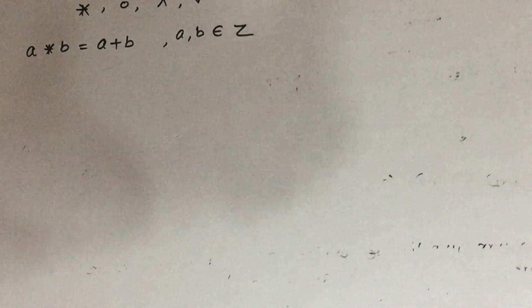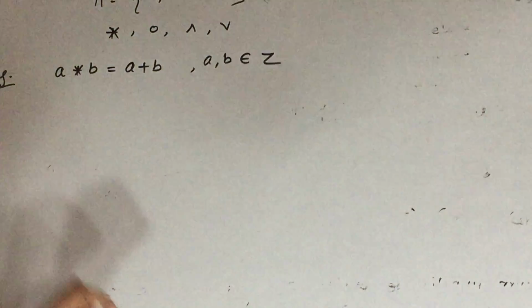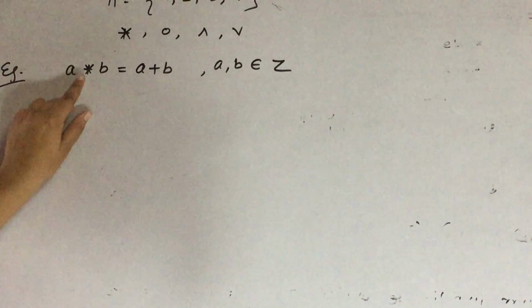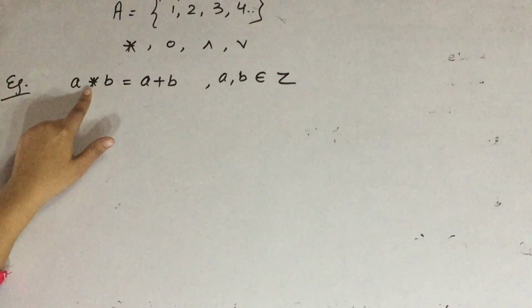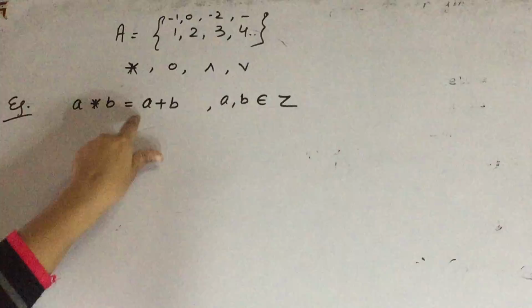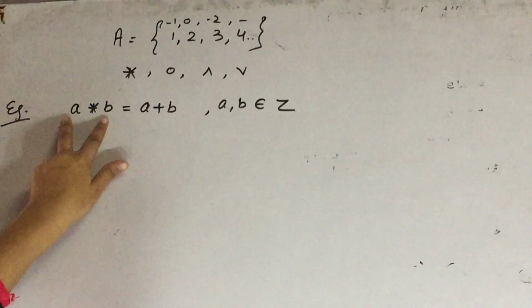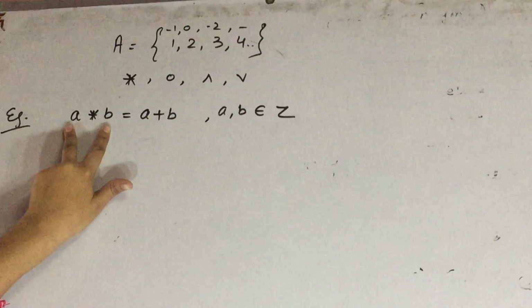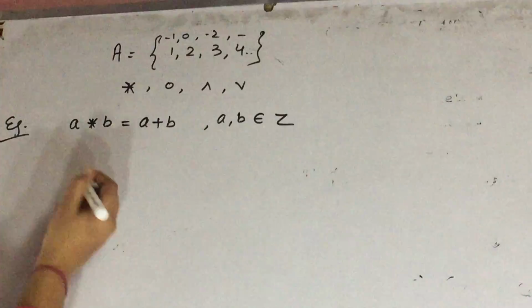So let us check whether this is a binary operation or not. Listen, any operation between two elements is said to be binary when the result of the operation belongs to the set to which the original members belong. What does that mean?